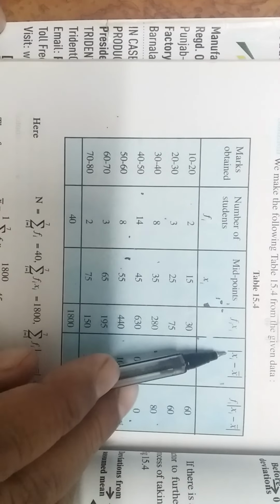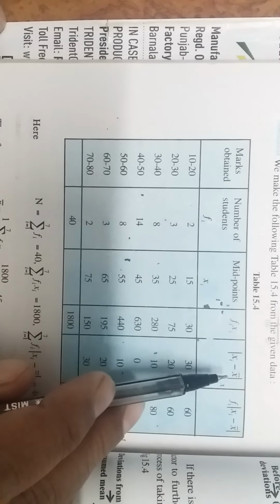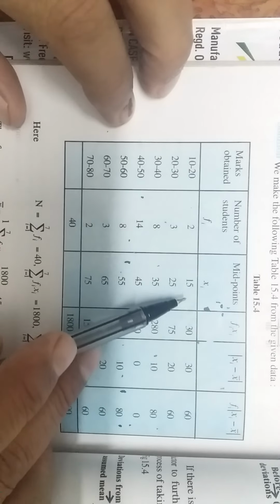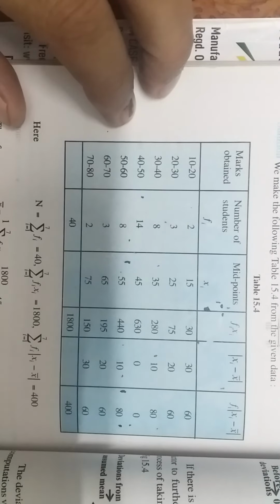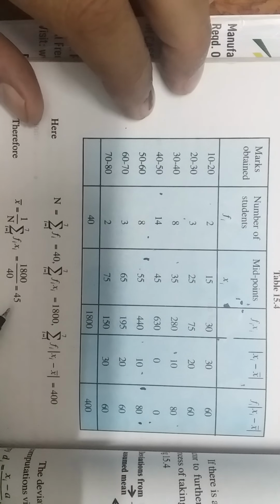Then we will calculate the deviation, the difference, mod of xi minus x bar. So xi, remember it is the mid value 15. The mean we have calculated is 45.